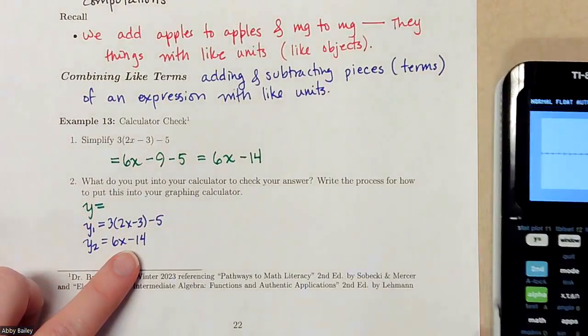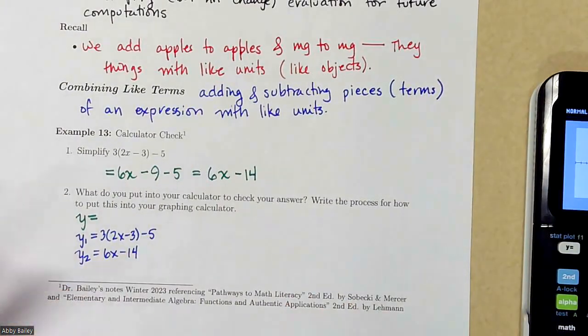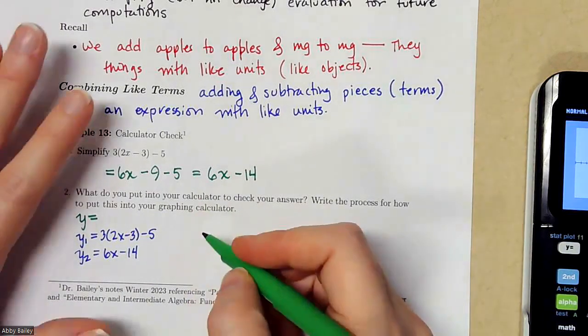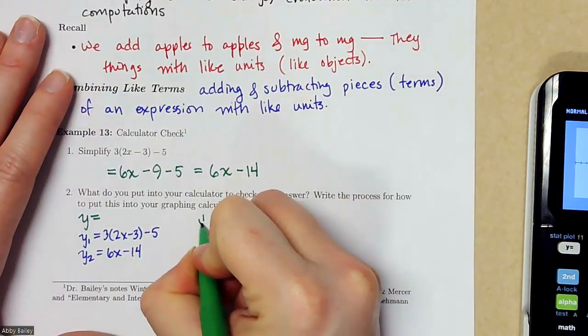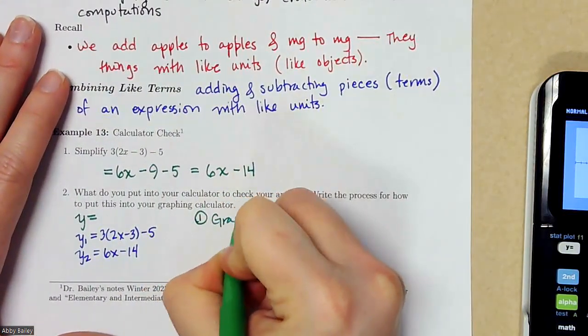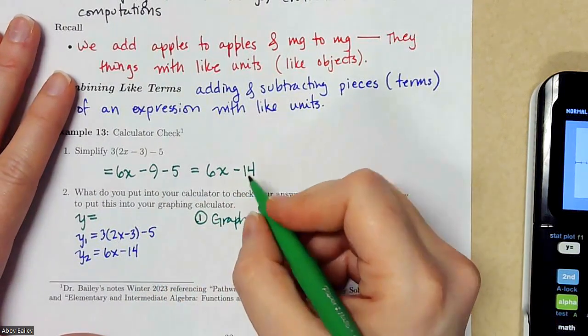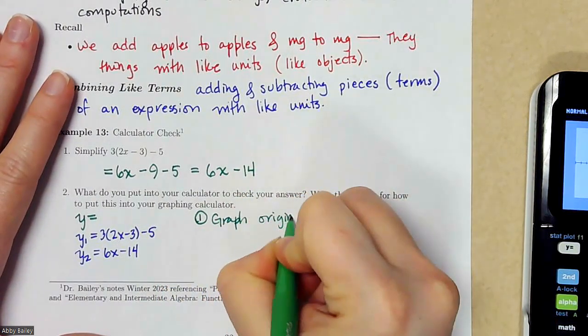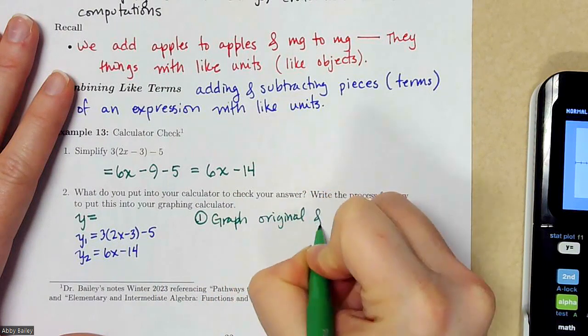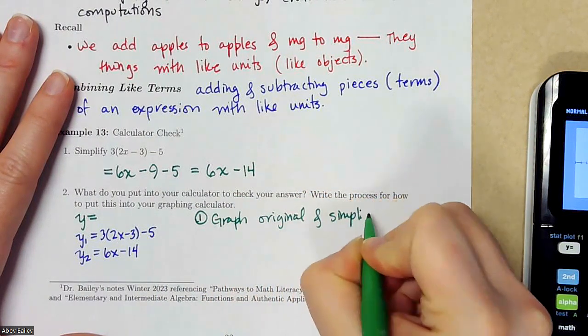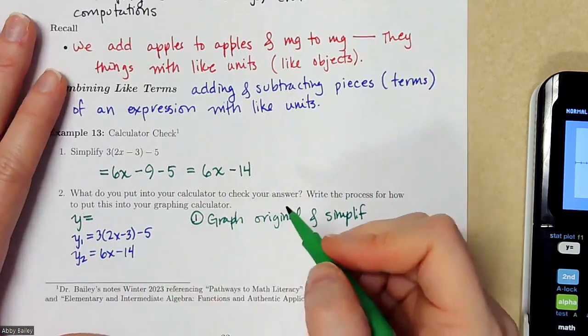I'm going to show that again, but first I'm going to write down what just happened. Step one: graph the original and simplified version, which is why I put this into Y1 and this in Y2.